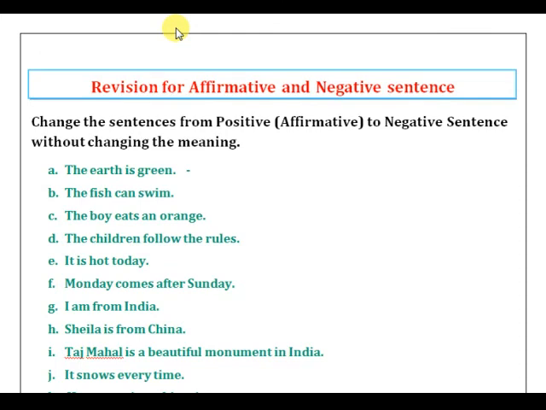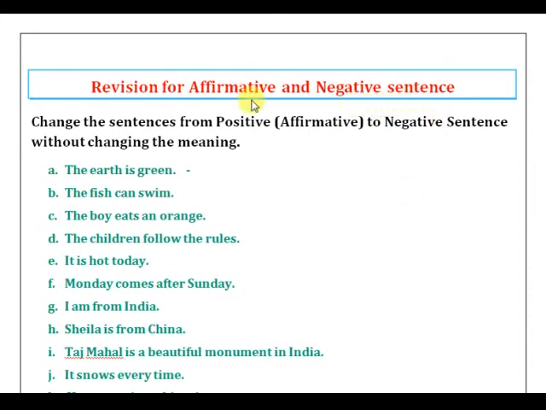Now, yesterday I had already explained what is an affirmative, that is a positive sentence, and what is a negative sentence. But still, before starting with the revision, once again I would like to re-explain in short what we mean by affirmative and by negative sentence.